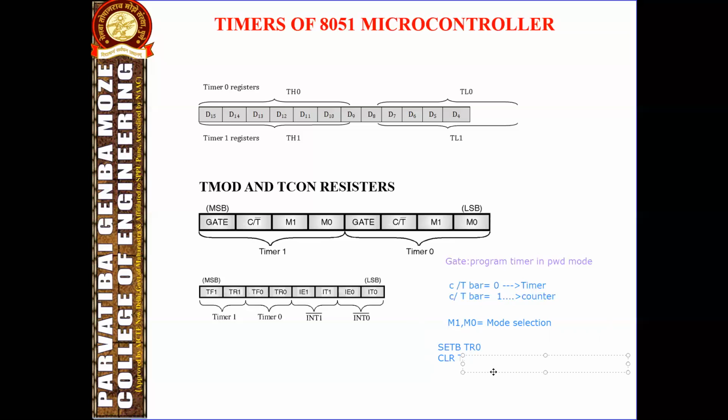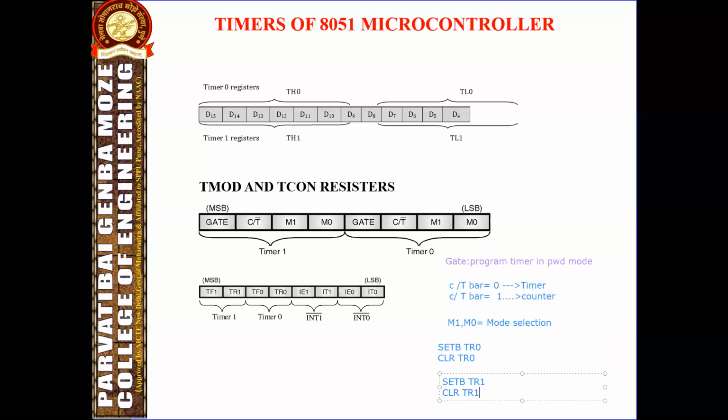For timer 1, SETB TR1 and CLR TR1. By executing these two instructions, timer 1 can be configured to control the start or stop operation of the timer.